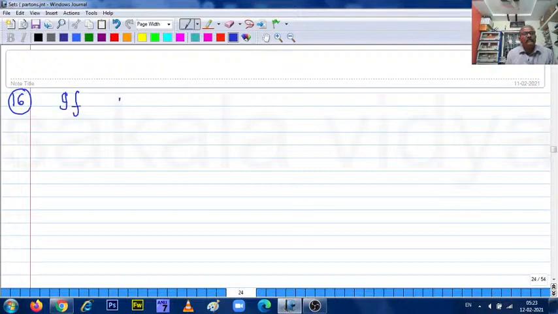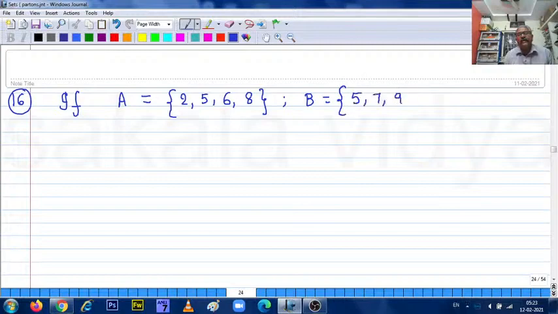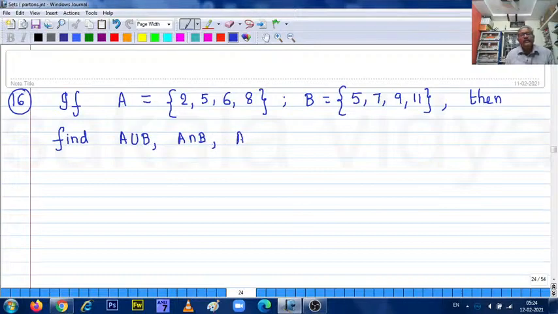If set A equals 2, 5, 6, 8, set B equals 5, 7, 9, 11, then find A union B, A intersection B, A minus B and B minus A.